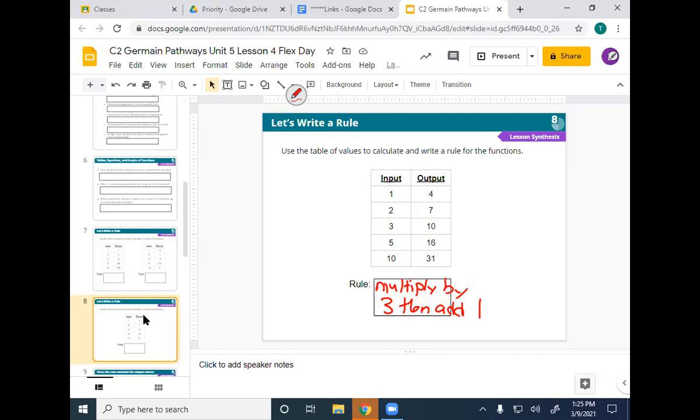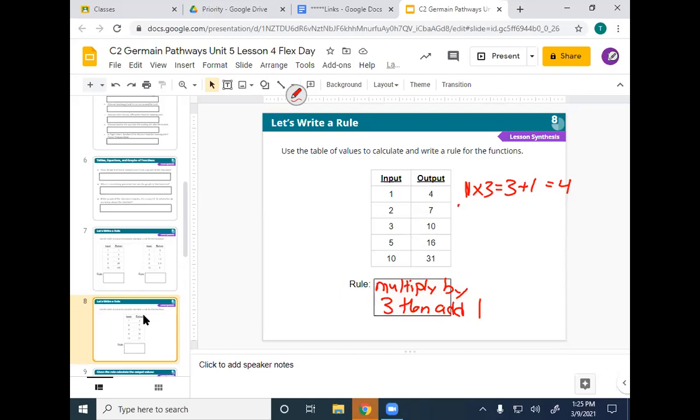So multiply by 3, then add 1. Let's test it. Let's take that first input and do what it tells us. We have an input of 1. First it tells us we have to do what? Multiply by 3 to get 3, and then add 1 to get 4. That worked for the first one. Let's test it with the second one.